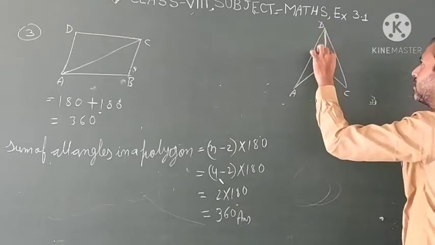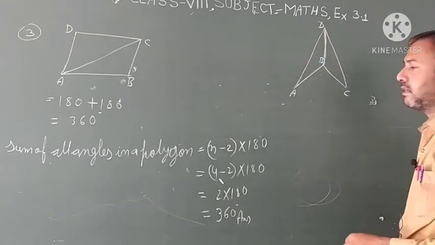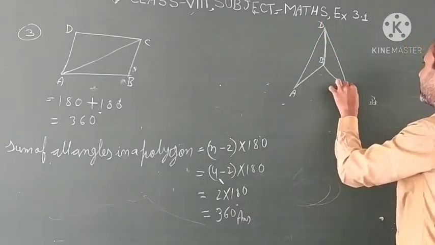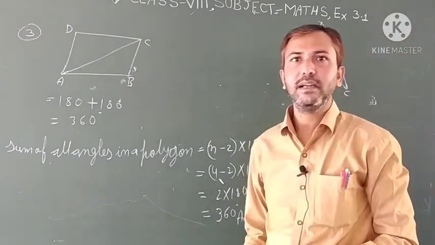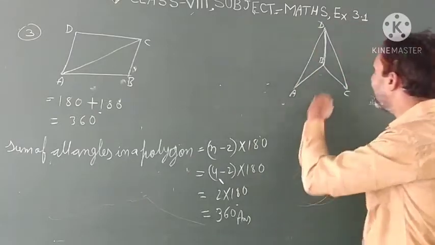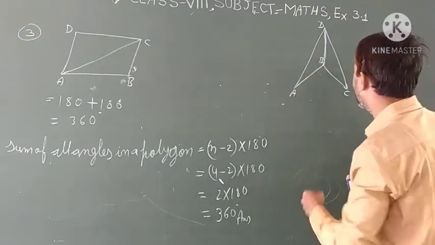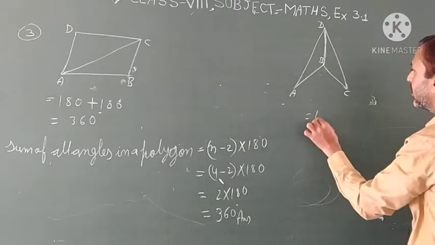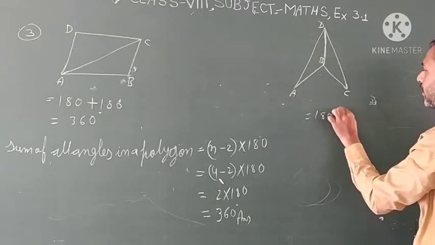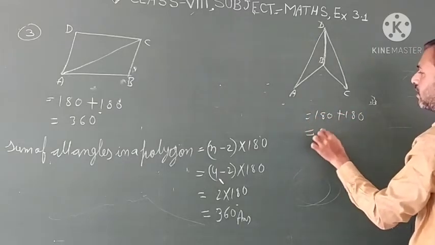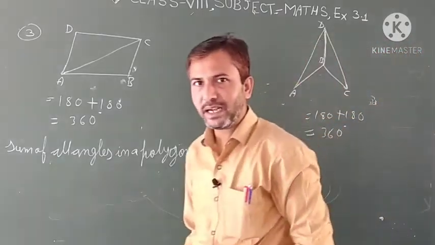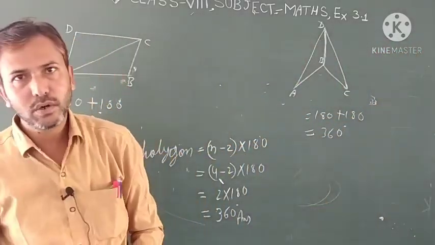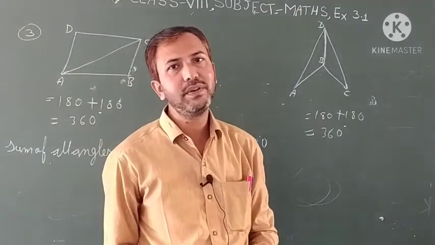This diagonal divides it into two triangles, and we know that the sum of all angles in a triangle is 180 degrees, and the same for this one. So in this case, 180 plus 180 is again 360 degrees. So it doesn't matter whether the quadrilateral is convex or concave, the sum of all angles is always 360 degrees.